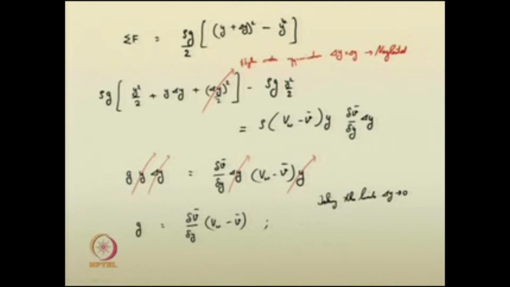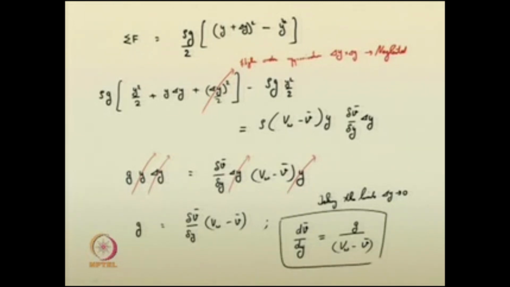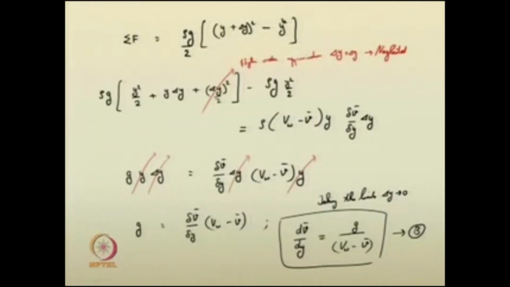So, I am getting the following relationship now: dv bar by dy is nothing but equal to g by V w minus v bar. So, I am getting another equation in the following form, which I would like to give as B. So, using the momentum equation as well as the continuity equation, you got the expression for dv bar by dy. You can combine them, you can use both of them.